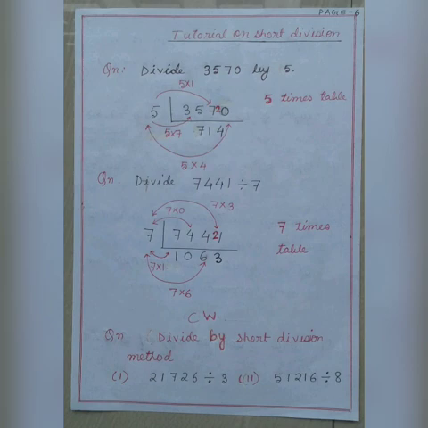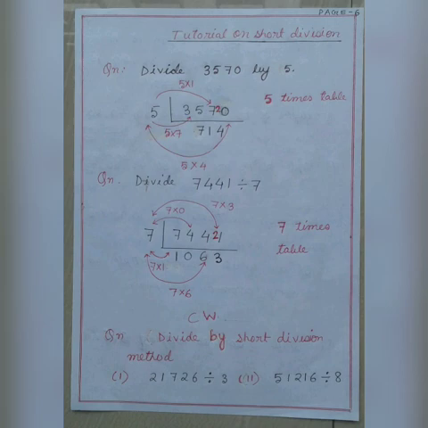So the remainder 2 and the next digit will make 21. How many 7 in 21? There are 3 7s in 21. So I have written 3 in the quotient. So our answer is 1, 0, 6 and 3.